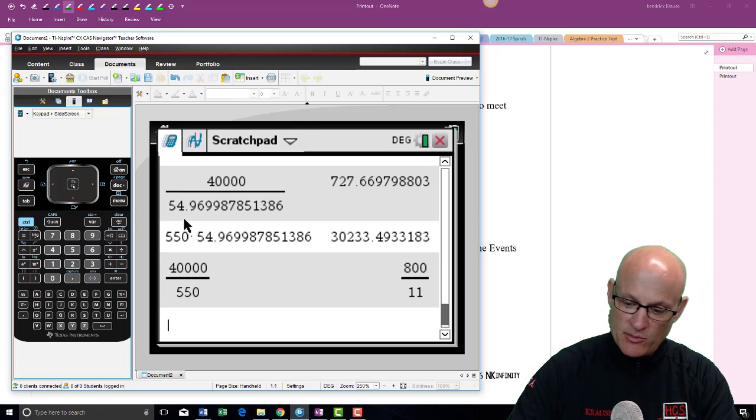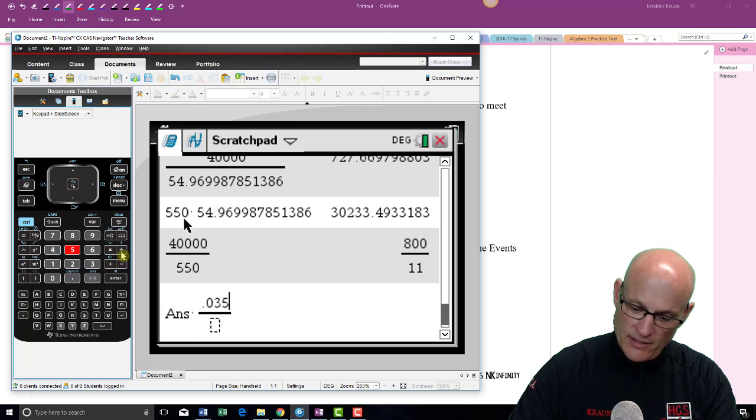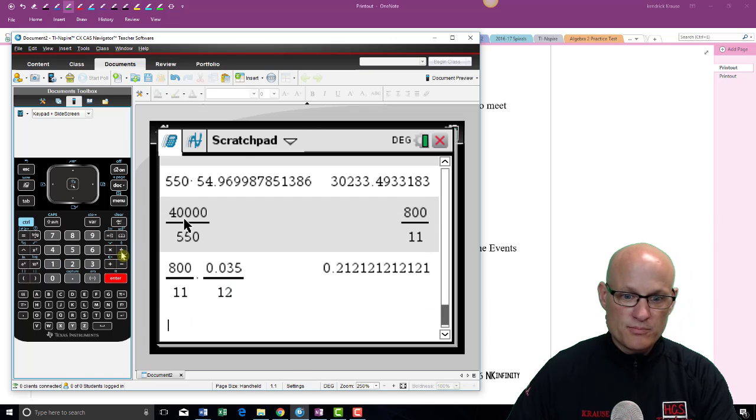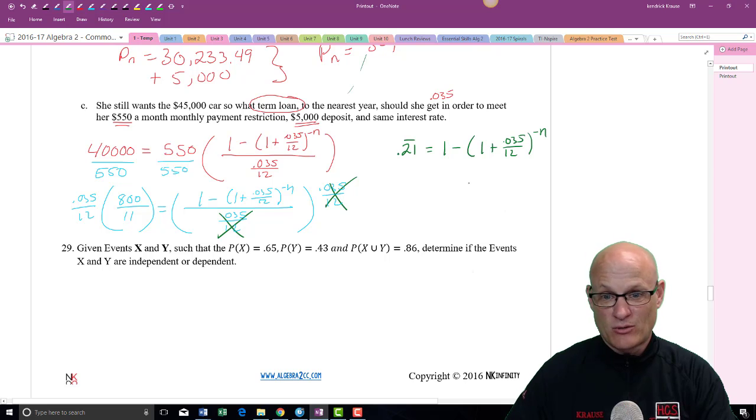So I can just take this and multiply by control division, 0.035 over 12. Boom. 0.21 repeating. So I get 0.21 repeating is equal to 1 minus, it's getting simpler, 1 plus 0.035 over 12 to the negative n. This problem itself is like a 6-point question. Subtract 1.